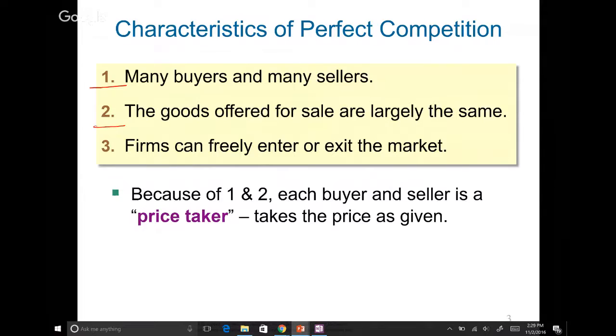And the last one is that companies are free to enter or exit the market. If the market is making profit, other companies will join in. But if the market is losing money, then companies will leave the market. And then every company is a price taker. That means you take what the price is already set for you. You cannot set your own price. Okay.